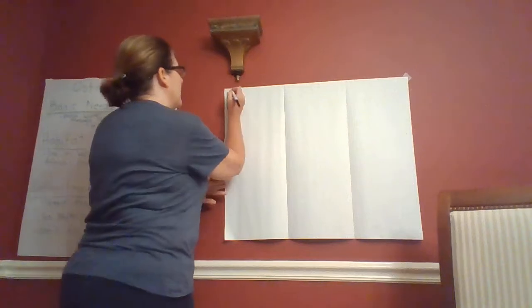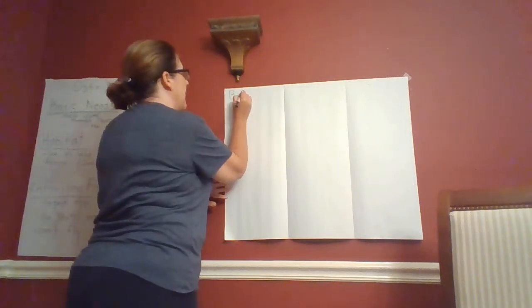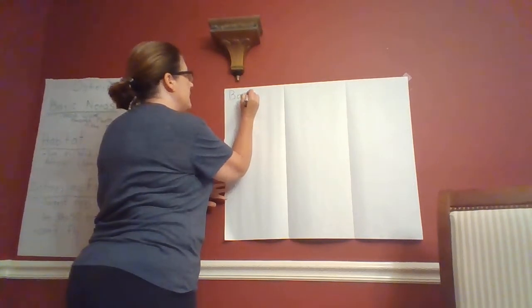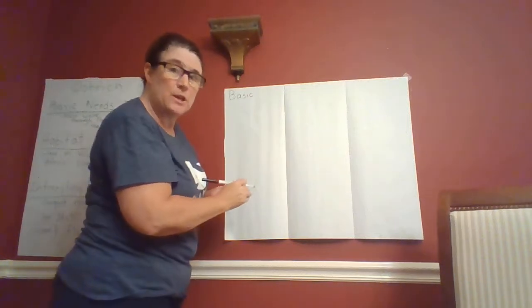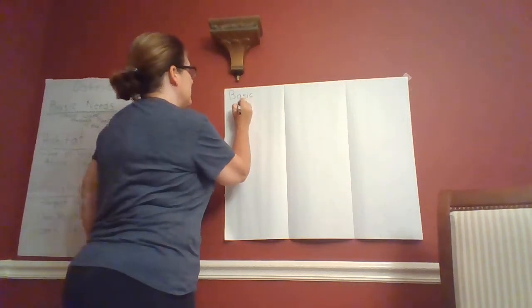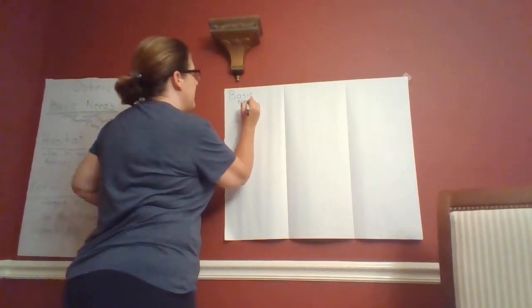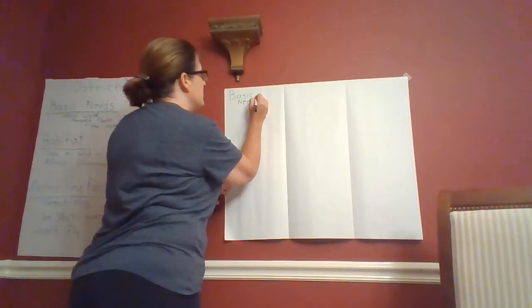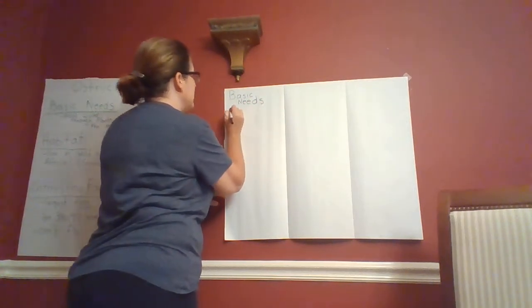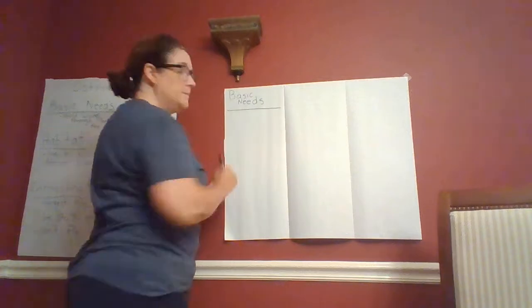I'm going to use this part of the brochure and give it a heading. Of course, I don't need the word ostrich in my section on basic needs. I just need the heading to say this section is about the basic needs of an ostrich.